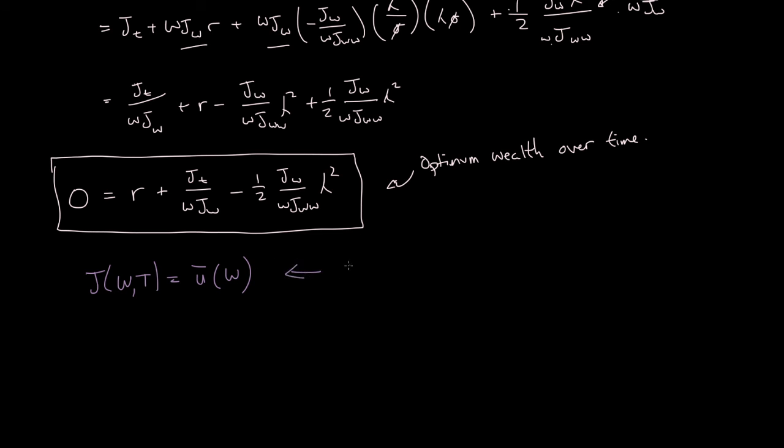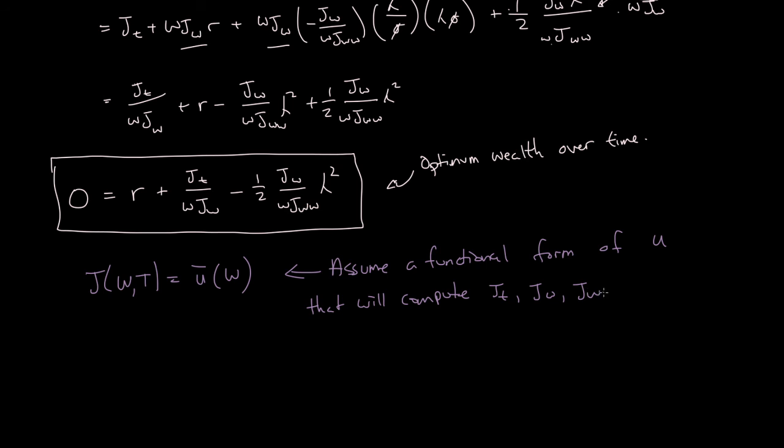So if we assume a functional form of W, or of U, so used to saying W, I can't say U anymore, that will allow us to compute derivatives, J_t, J_W, and J_WW, then we can get an answer.